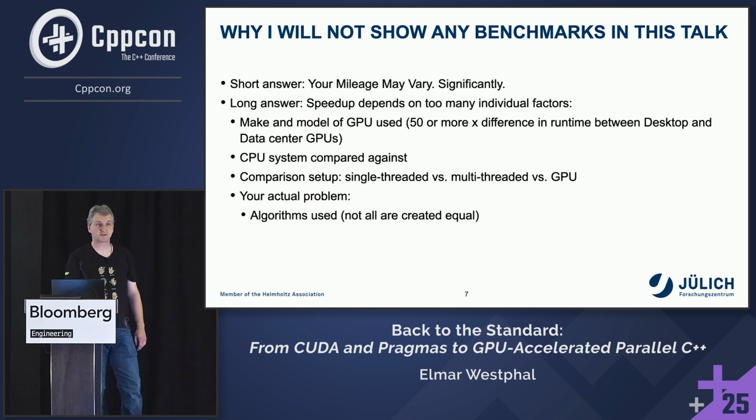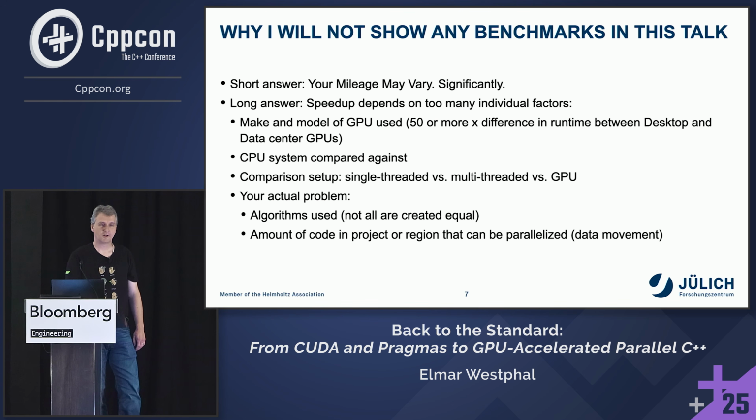Not all algorithms speed up in the same way, and it also depends on how much of your code you can actually transfer to the GPU, because, well, we'll get to that later, why it is important to have most of your code running on the GPU. And also the problem size that you're trying to solve is a huge factor.